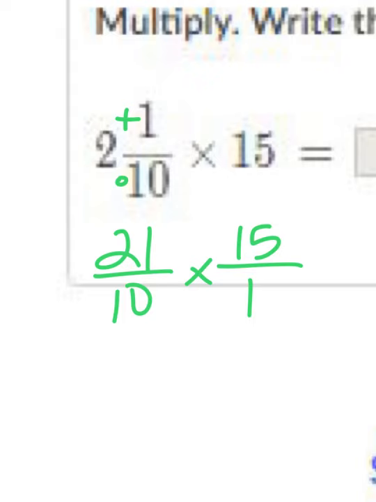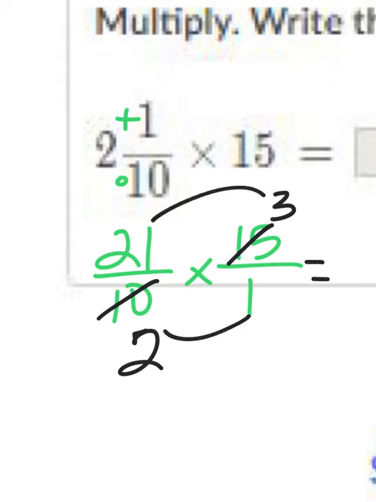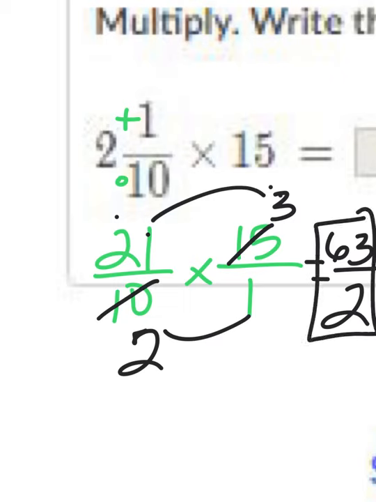And into 10 and 15, you can put a 5. So 5 goes into 10 twice and into 15 3 times. Now we're just going to multiply straight across. So let's do the easy one first. 2 times 1 is 2. 3 times 1 is 3, and 3 times 2 is 6. Answer 63 over 2. Okay?